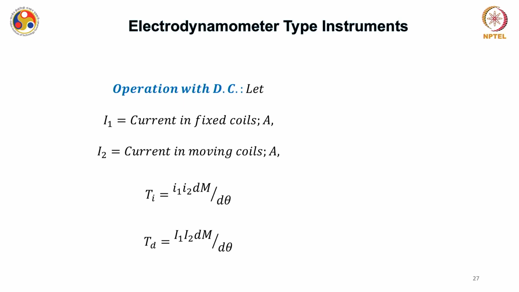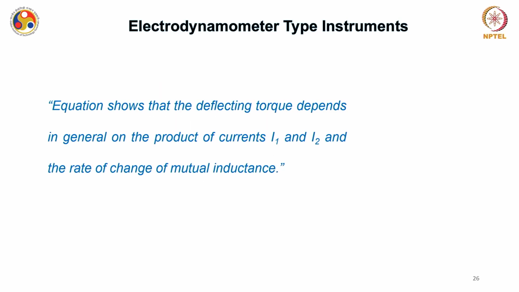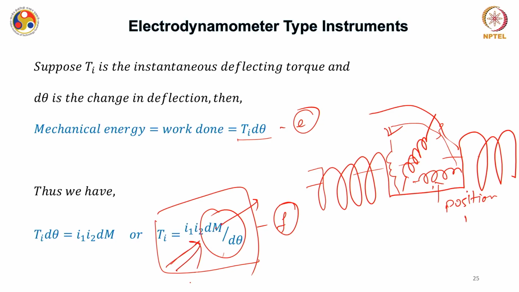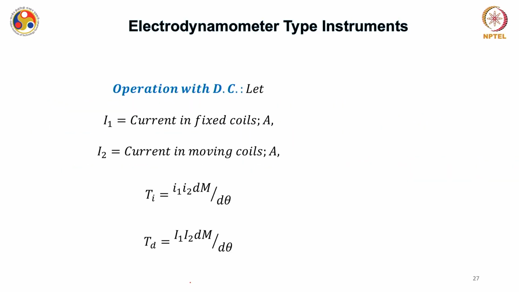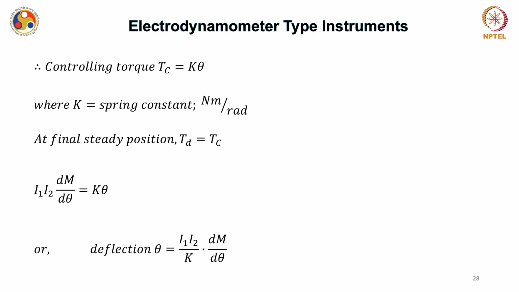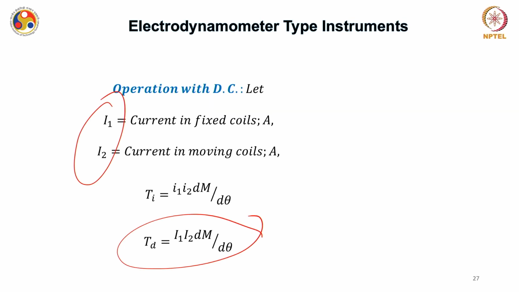Just replace the small letter i1 and i2 that we found in equation F by these DC currents I1 and I2, and this is the deflecting torque that we get in case of DC operation. I am calling this equation G.